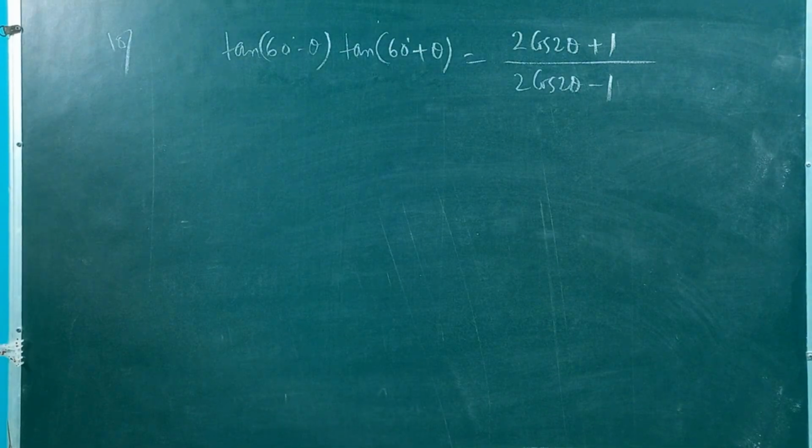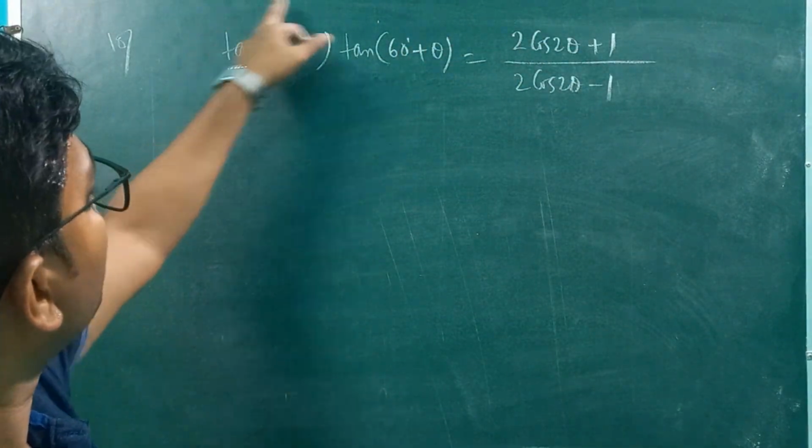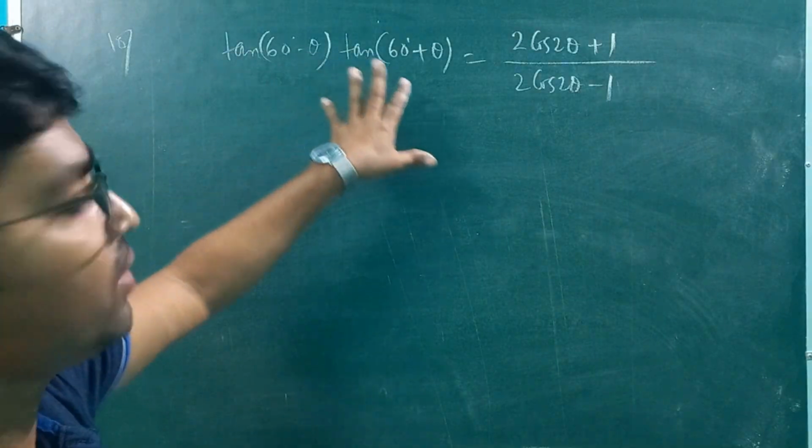We have to prove this trigonometric expression. Now in this chapter, sums and products, there is no formula in tan, so we have to break them into sine and cos.